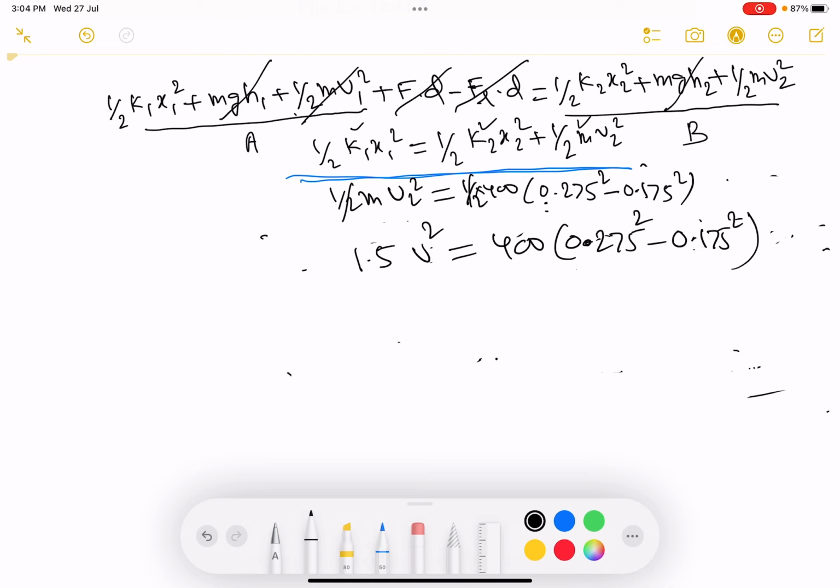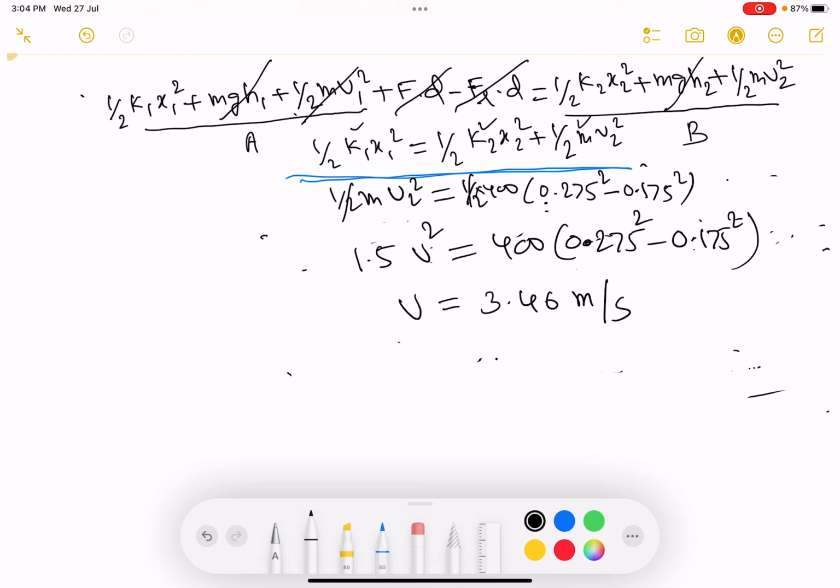And if you do the calculation, I'll leave it to you. V is at point B. I'm picking the answer from the book, but it is the correct answer: 3.46 meters per second.